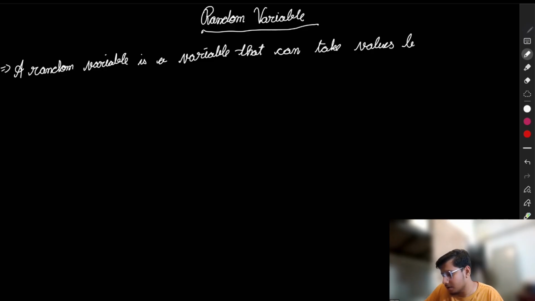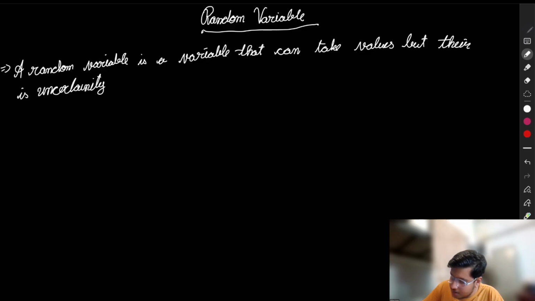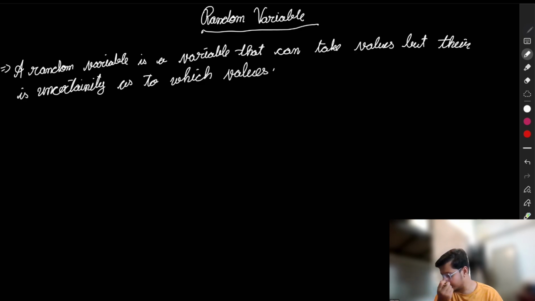But there is uncertainty as to which values, right? So let's see some examples of our random variable.